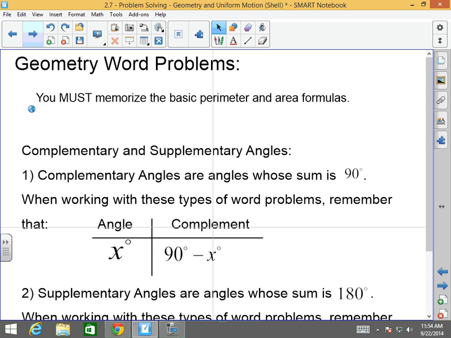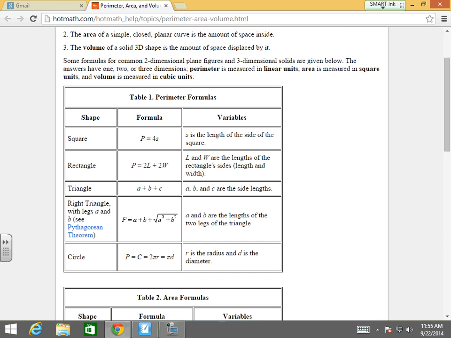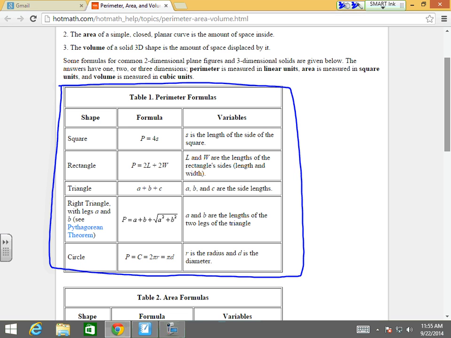Next, geometry word problems. I know that some of you don't know the basic perimeter and area formulas. So what I did here was I got you a little website here that shows you the perimeter formulas, as you can see right here. Please hit pause on the video right now and write these down and commit them to memory.